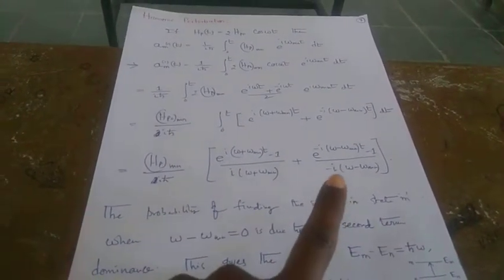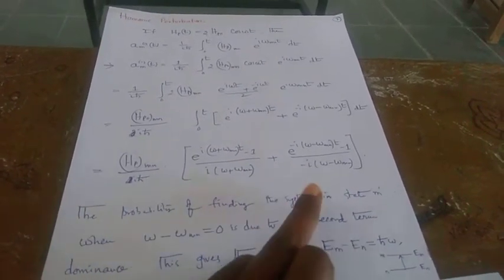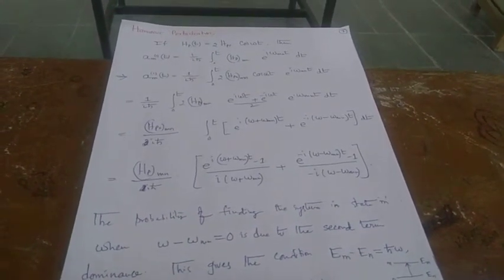Here, in case our ω was such that ω minus ω_mn is equal to 0, then this second term will become dominant, because this denominator will almost tend to 0, so it will become infinity. In that case, E_m minus E_n will be ħω, and that will be the condition for absorption of light between the levels n and m.